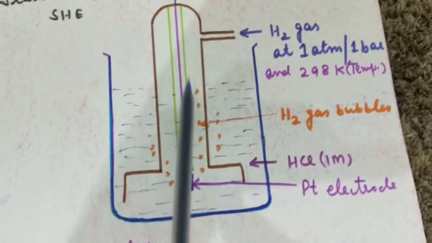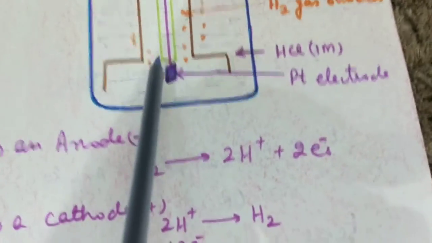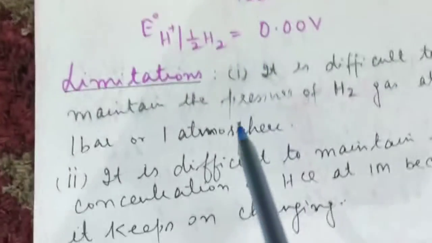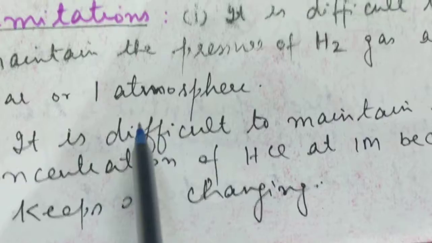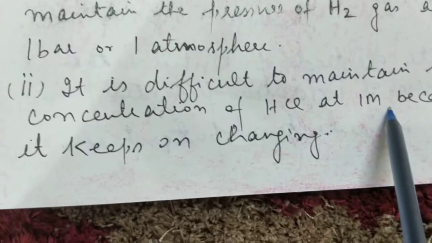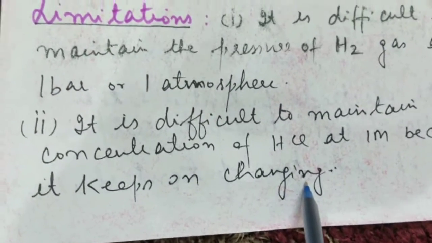Therefore, it is difficult to maintain the concentration of HCl at 1 molar because it keeps on changing. So that we have already discussed.